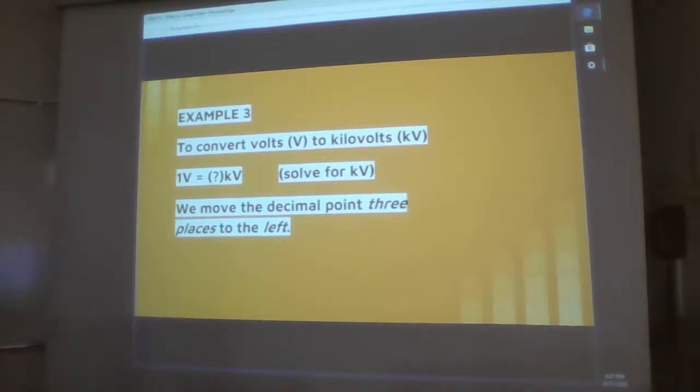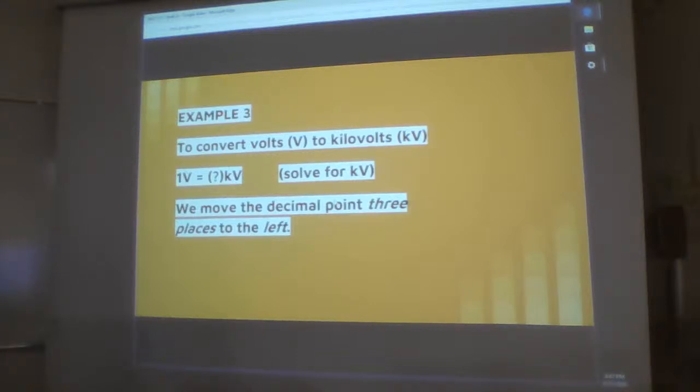If we're trying to convert volts to kilovolts, we know that we have 1 volt, but we want to know how many kilovolts that equals. If I treated this like a math problem, I would solve for kilovolts. I would want to isolate kilovolts.